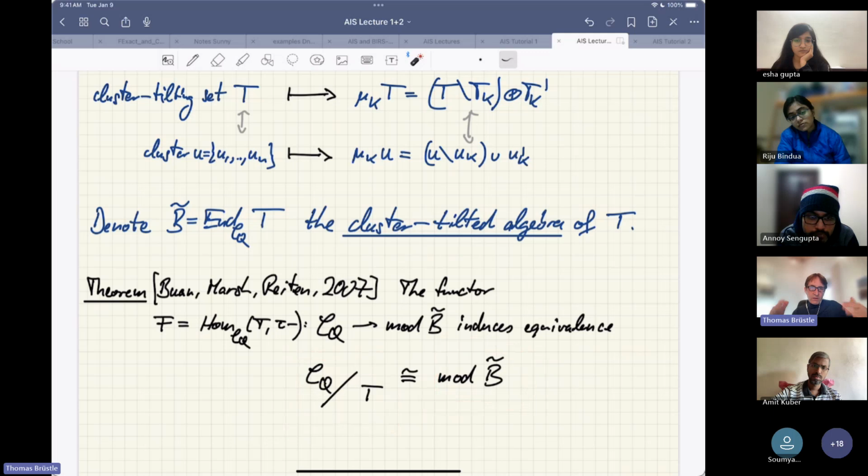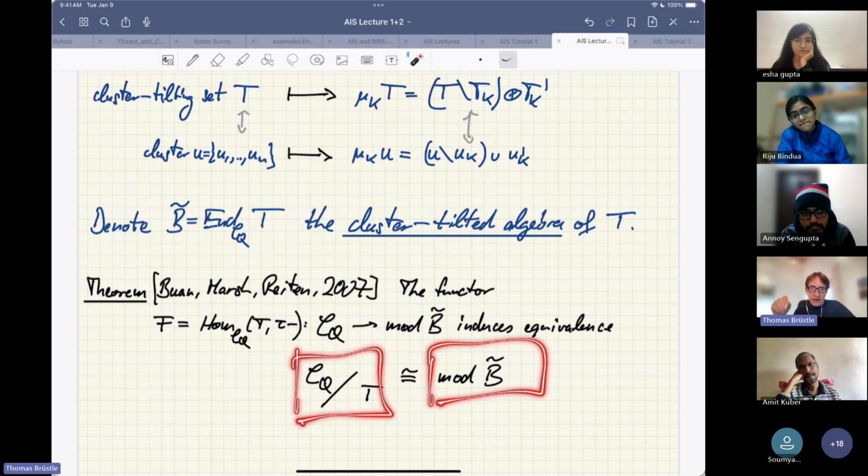So all those cluster tilted algebras are very closely related. They all have the same number of indecomposables, even if it's infinitely many. And the difference between the module category and the cluster category is only by n indecomposables. So they are really very closely related.